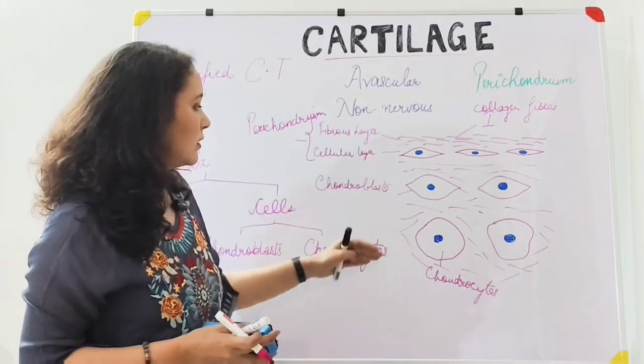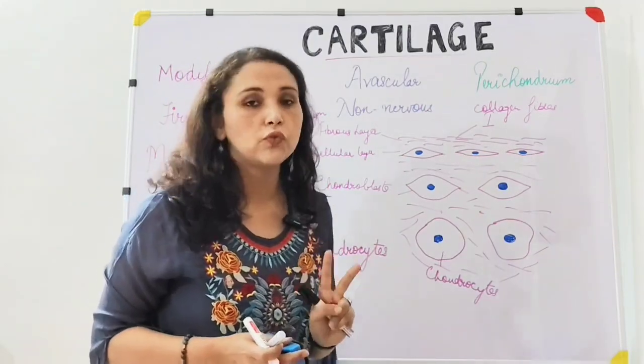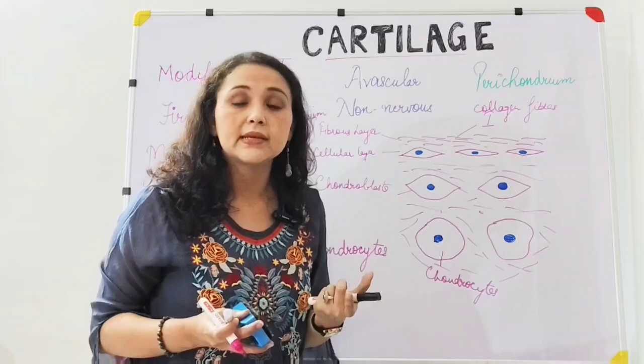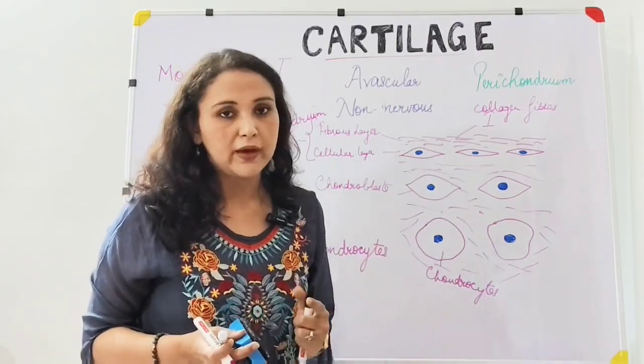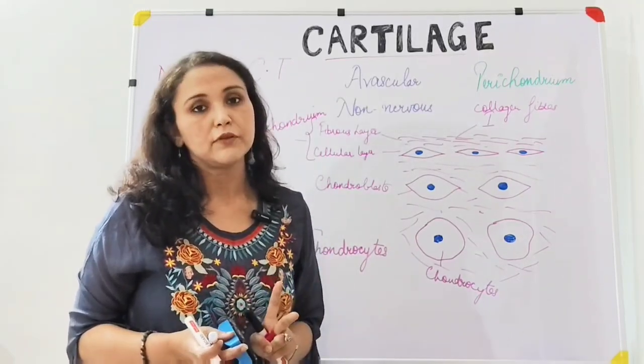So we have the main things about the cartilage. Now there are two important points about the perichondrium. One is it has collagen type 1 fibers. Another is it is absent in two types of cartilage.